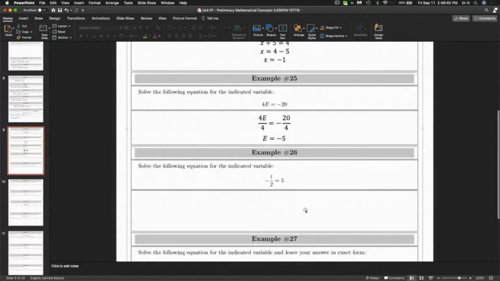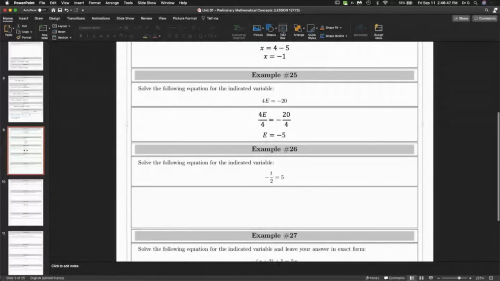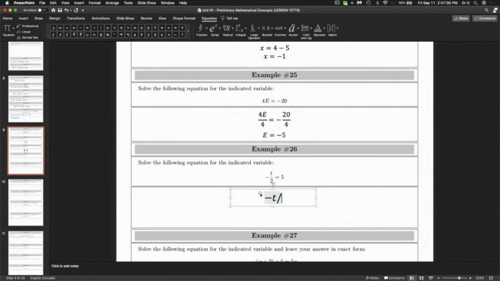Okay, let's take a look at 26. If you don't mind, I am going to go a little bit faster on the next two questions because they're not too bad. The main thing I want you to take from today's lesson is the format.